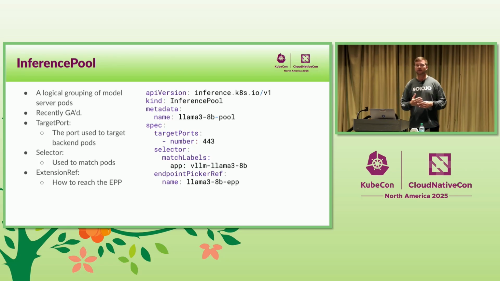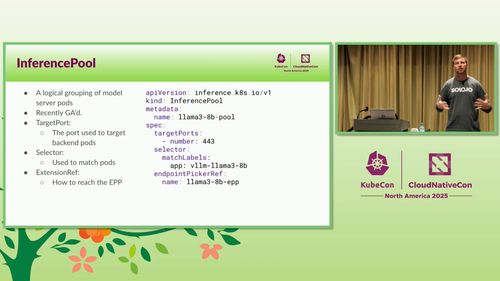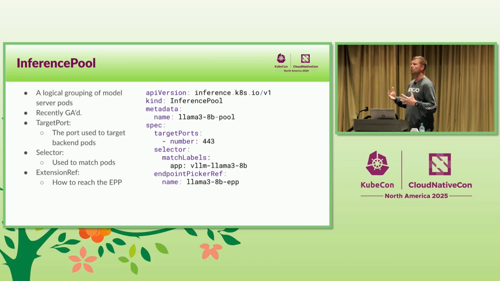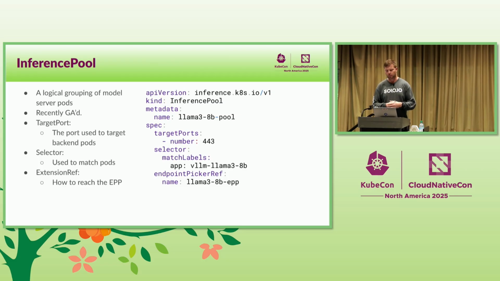And not only does the inference gateway need to understand Gateway API and have the EPP protocol spec, but it also needs to understand this new resource that's part of the project, inference pool. And that's how you logically group together your compute resources. So a common set of GPUs and a common set of base models would make up your inference pool.